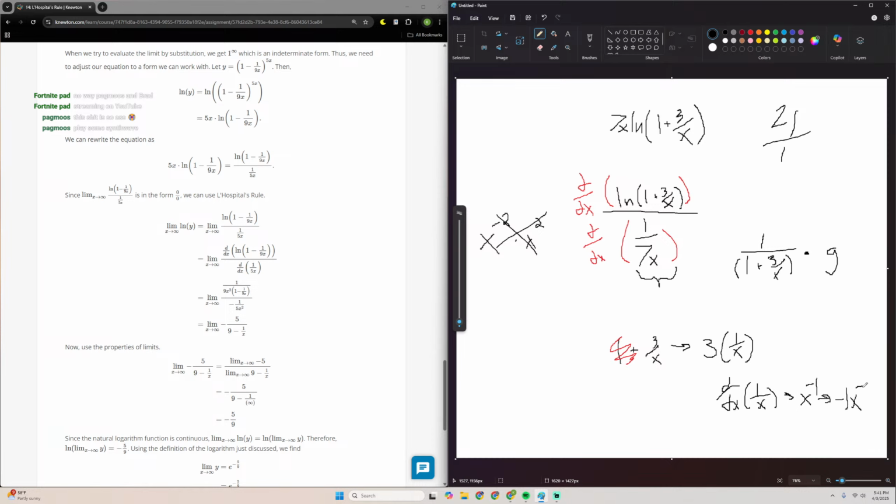Negative 1, x to the negative 2. This should be g. Oh, wait, no. This should be times by 3. So then, yeah, times by negative 3, x to the negative 2. That's great. I got to where I was.